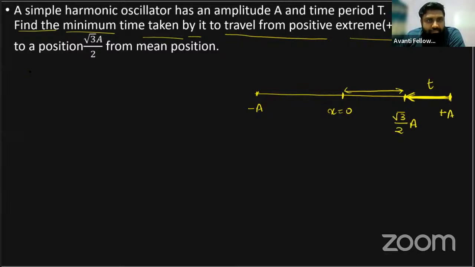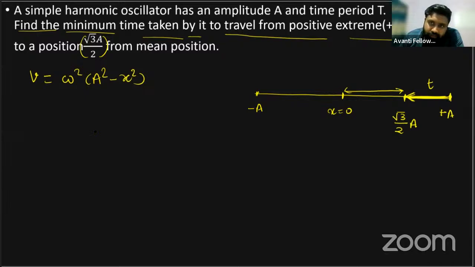We know the equation in the displacement form, because here only the displacement we are getting, root 3A by 2 from positive extreme. So instead of writing time equation, we should apply the equation of displacement: V square is equal to omega square into (A square minus x square). This x is measured from mean position.